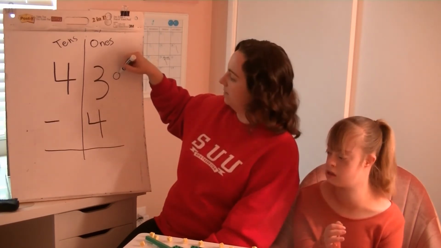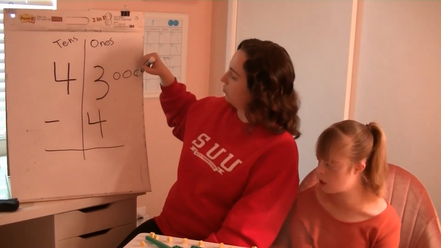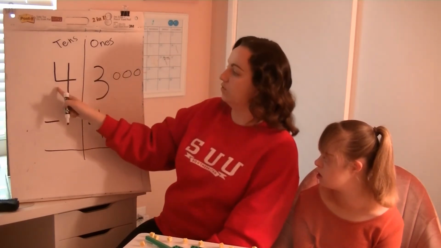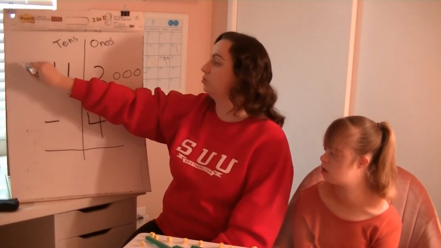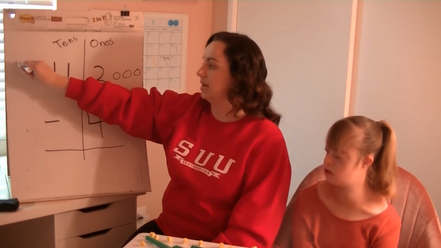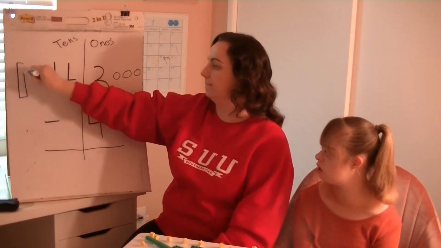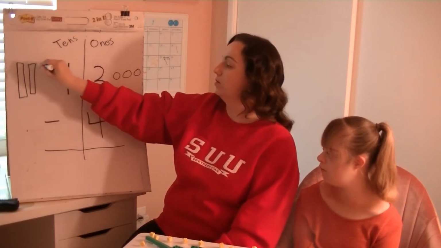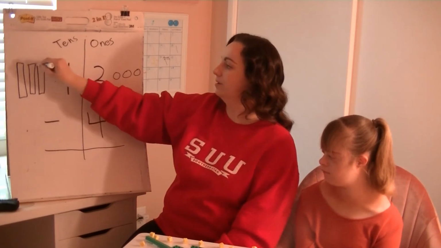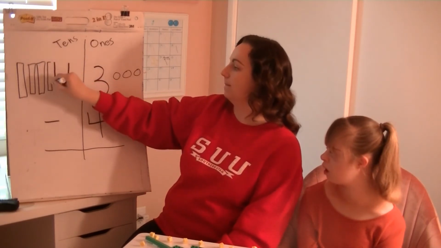So I'm going to go 1, 2, 3. But then over here, how many 10s do I have? 4. Good. So I'm going to do my best. Draw 4 long rectangles like the rods. 1, 2, 3, 4.